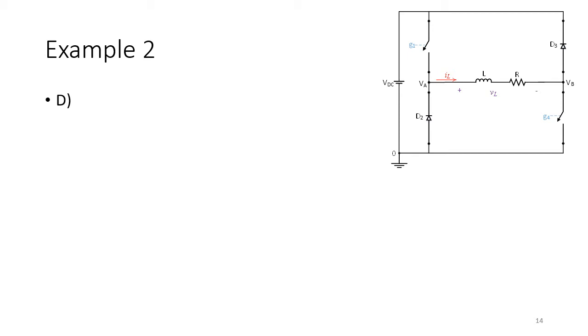So we said turn off G4 and turn off G1, and we said okay, the direction will be like this. Now this diode will be on, so the voltage across it will be 0. And now this diode is also on, the voltage across it will be 0.